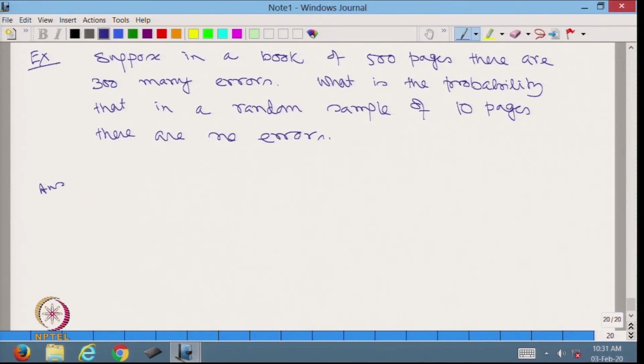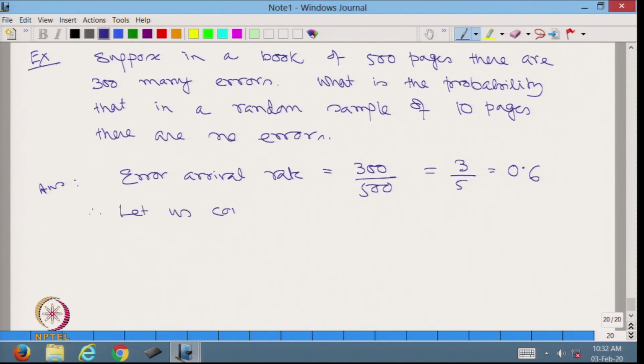Answer: we can see that the error arrival rate is equal to 300 upon 500, which is 3 by 5, equal to 0.6. Therefore, let us consider each page to be 1 unit.